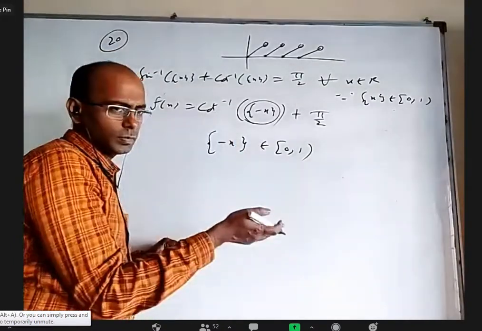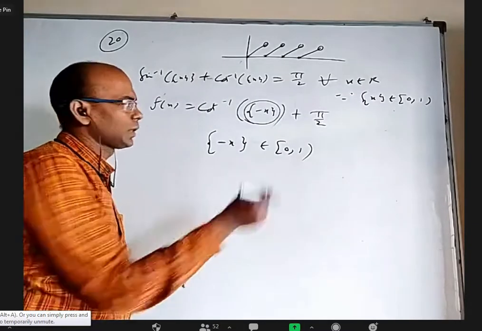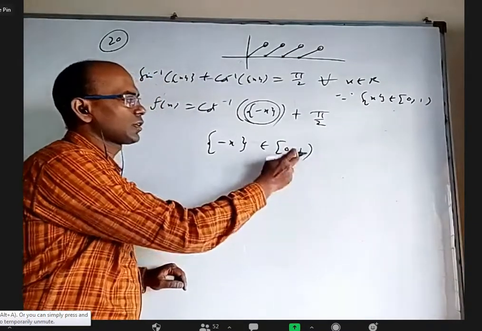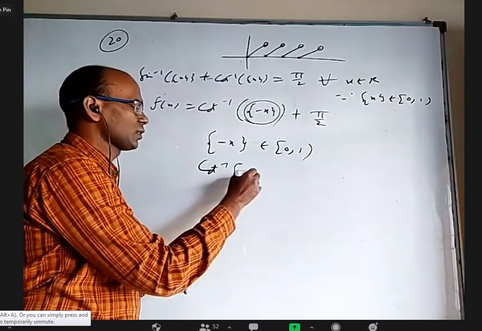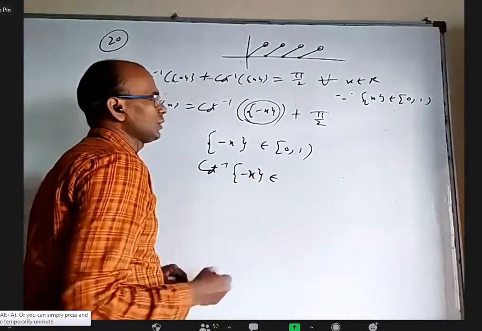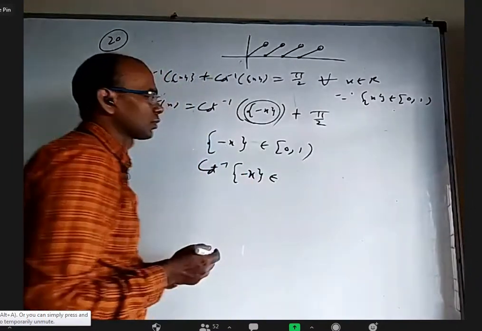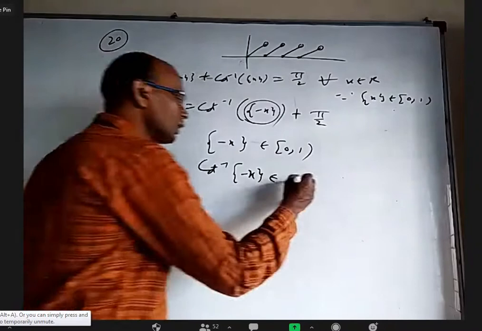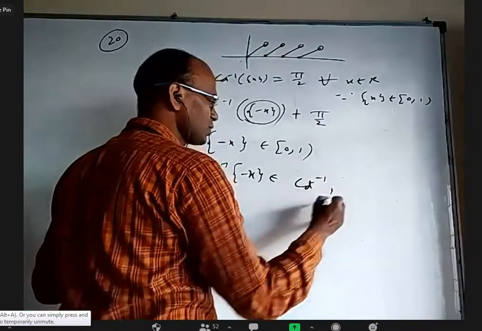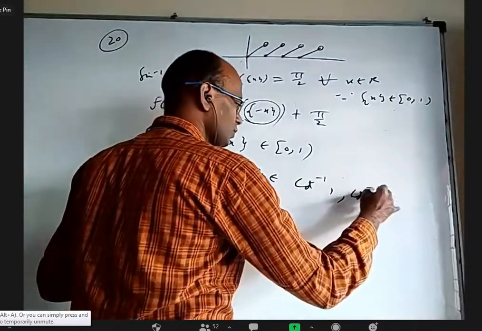Then cot inverse is a decreasing function. Cot inverse 0 is 90 degrees and cot inverse 1 is 45 degrees. So cot inverse of fractional part of x is from cot inverse 1 to cot inverse 0. Now I am applying cot inverse, right? So I should write cot inverse 1 first and then cot inverse 0.